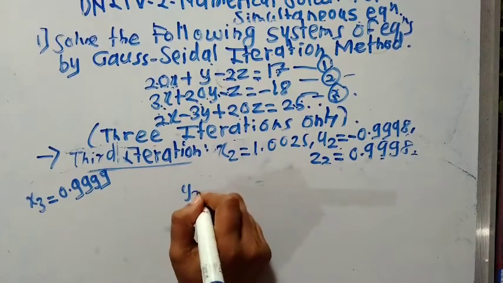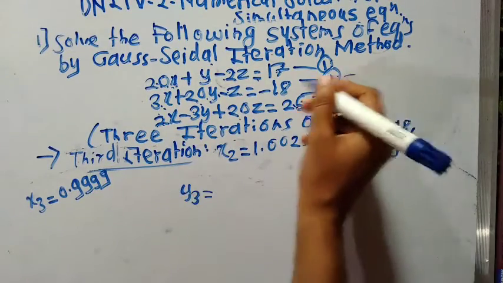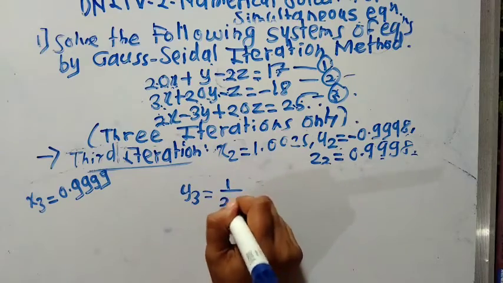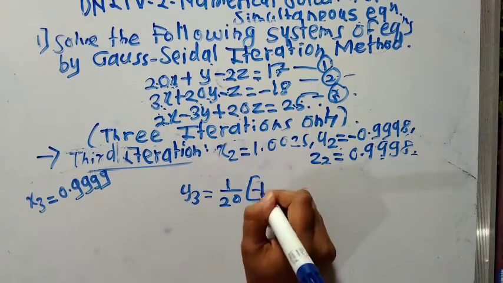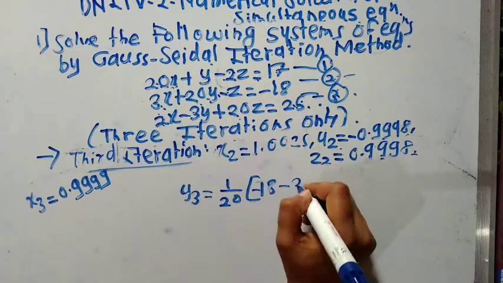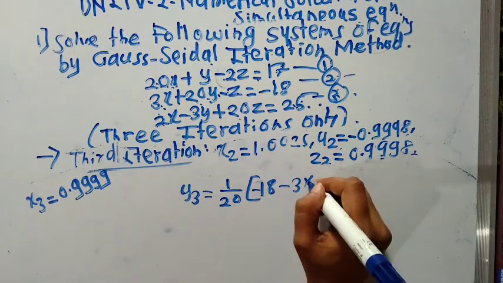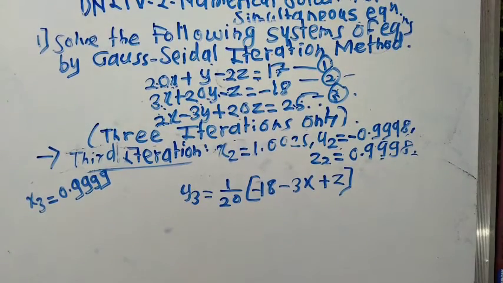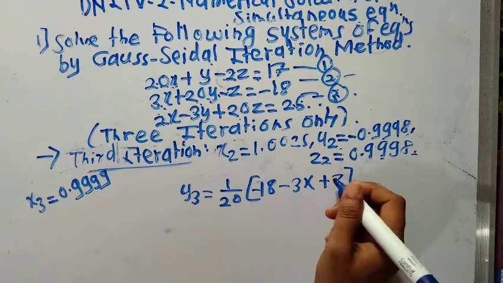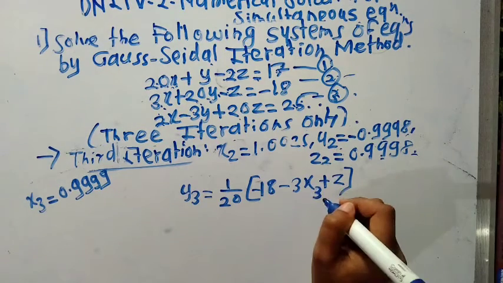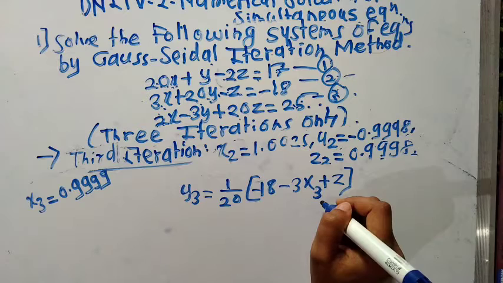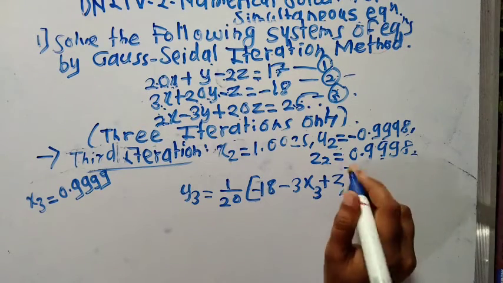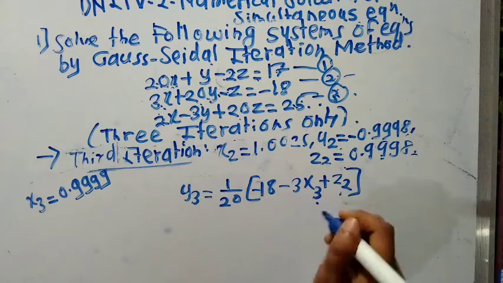Then find out y3 from equation second. 1 divided by 20 minus 18 minus 3x plus z. So here x3 and z2.